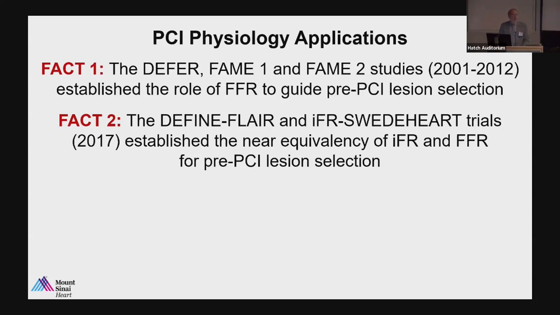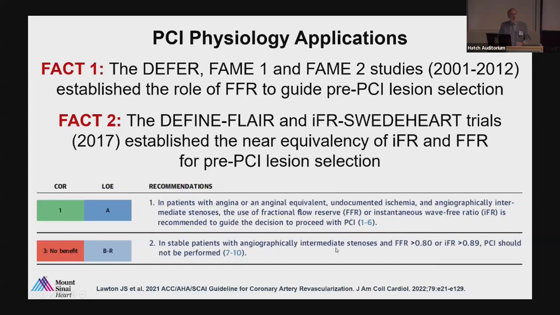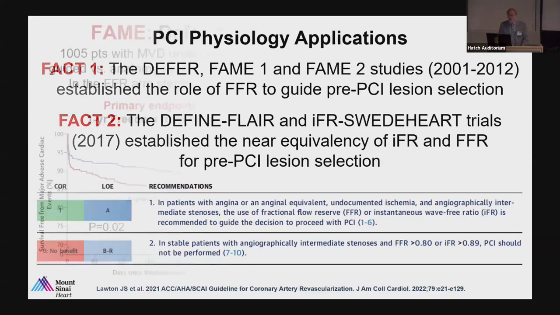And so there's new techniques now that are non-hyperemic physiologic techniques to assess lesions in the cath lab. And there have been 2 big randomized trials showing that they're pretty equivalent to fractional flow reserve. And so physiology has in all the guidelines, class 1 level of evidence in stable patients to select lesions for intervention if they're abnormal results and to leave them alone if they're normal results. But that's mostly in stable coronary disease.